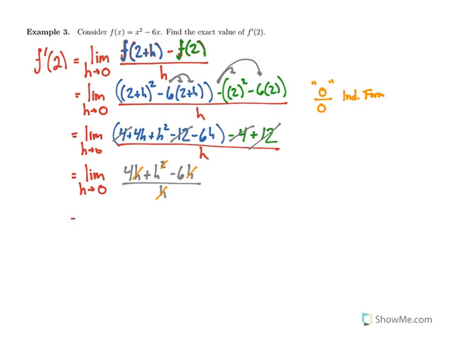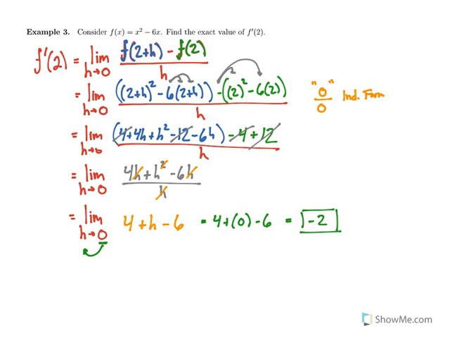And we are left with the limit as h approaches 0 of 4 plus h minus 6. And now, we still haven't done the limit yet, but now we can plug in 0 for h, and we get 4 plus 0 minus 6, or negative 2.